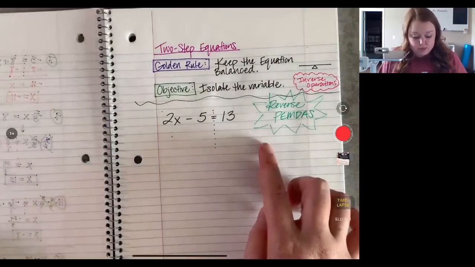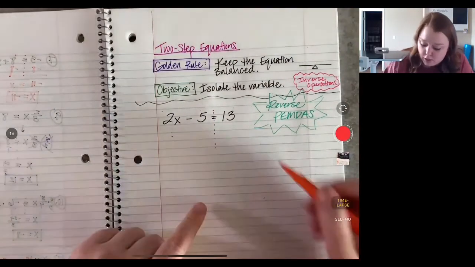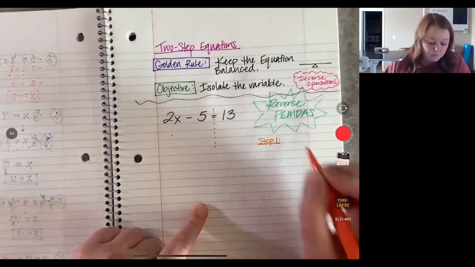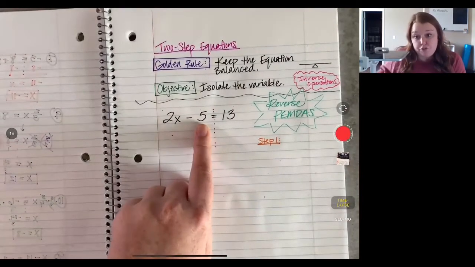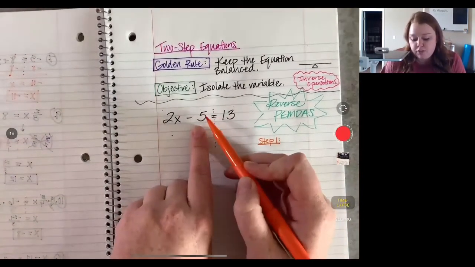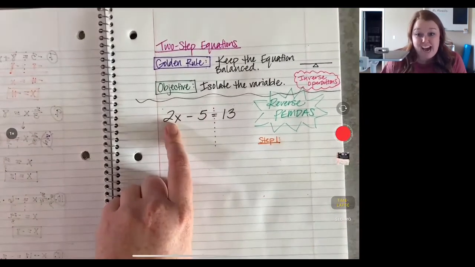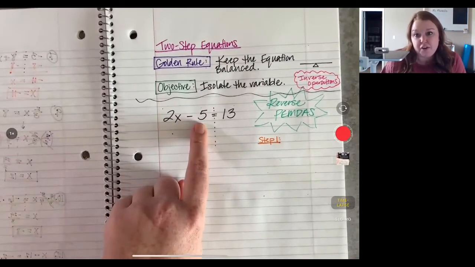So let's go ahead and make some steps just so it's super clear in our notes. What this means is step one would be to get rid of this 5, but we're going to go general. Remember, there's some vocab for these words. There's a vocabulary word for the number attached to a variable, and then there's a vocab word where it doesn't have a variable on it.